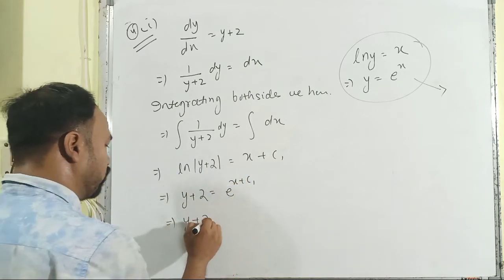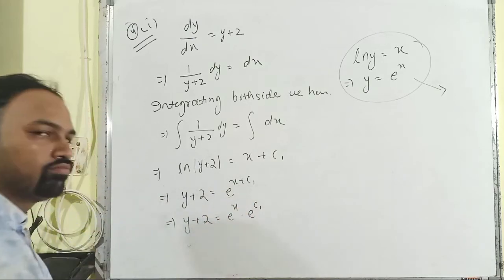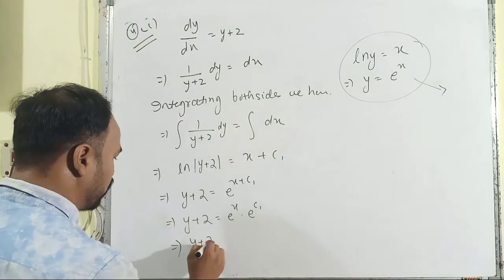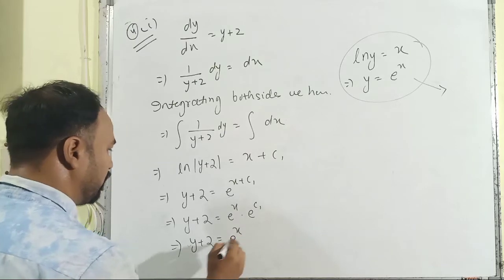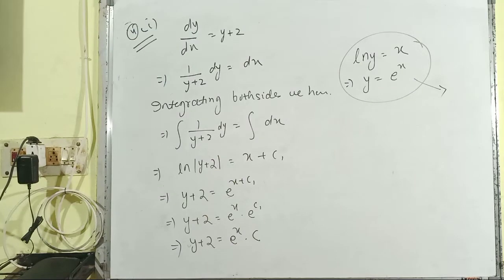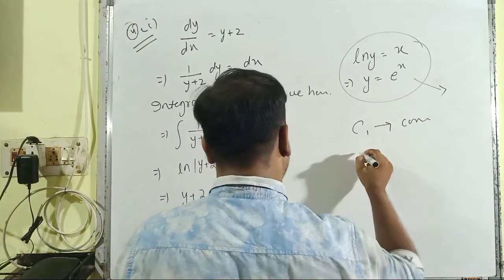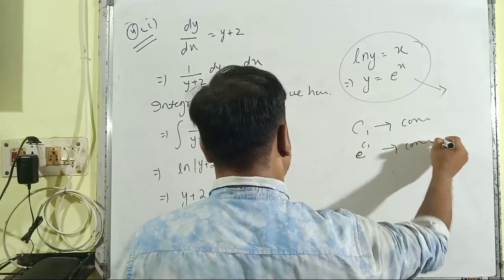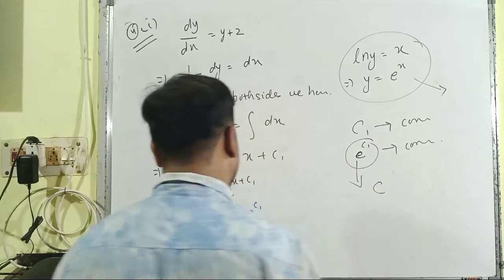Then y plus 2 is equal to e to the power x multiplied with e to the power c1. Then y plus 2 is equal to e to the power x multiplied with c, because c1 is a constant, so e to the power c1 is another constant, and in place of e to the power c1 we can take it as c.